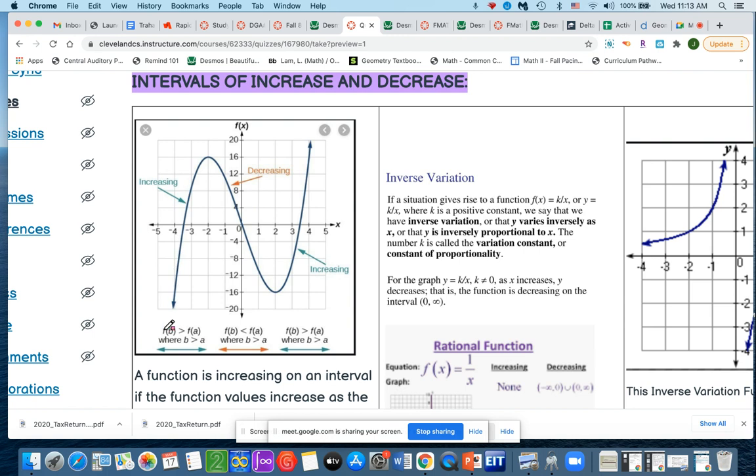If you look at this, it's a totally different graph than what we're used to, but the purpose of it is to show you what lines and curves look like as far as increasing and decreasing. But this left side of this graph here is increasing because it looks like a positive slope.